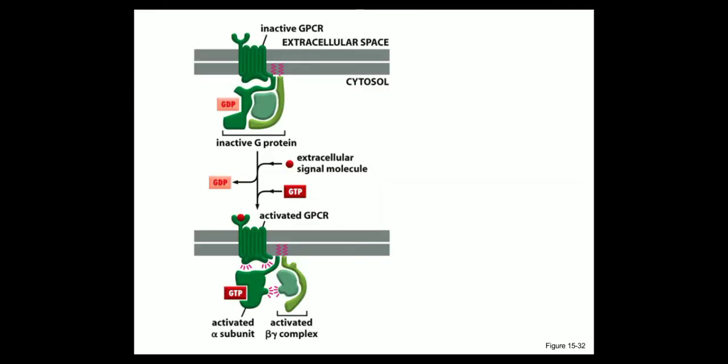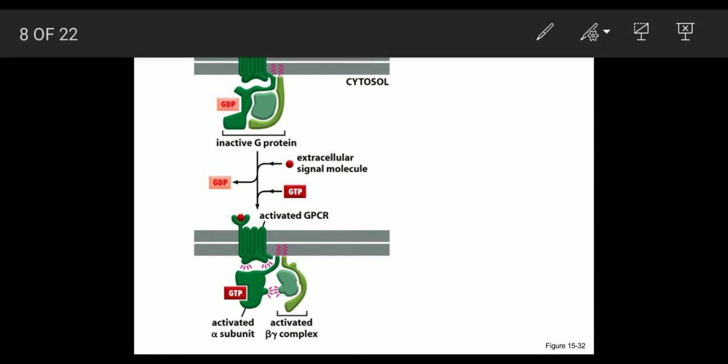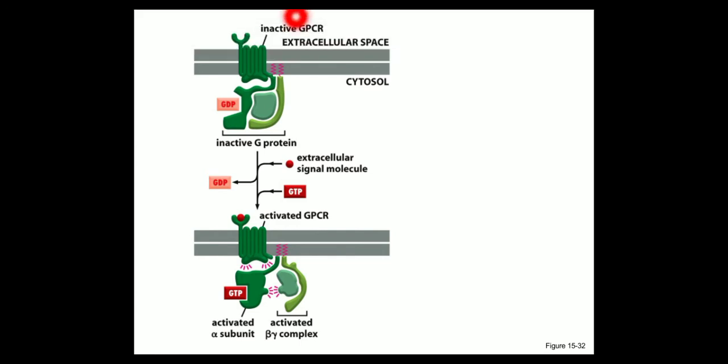Here is the overview. In this process, you can see the inactive GPCR and the inactive G protein. Whenever an extracellular signal molecule binds with the GPCR, it gets activated.